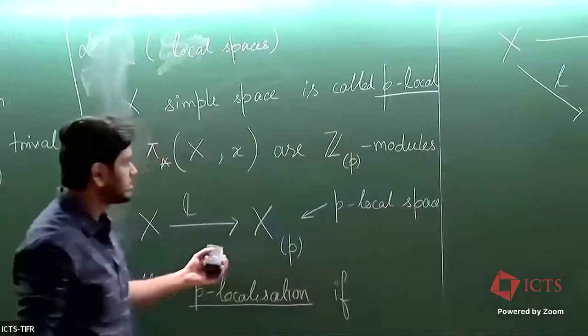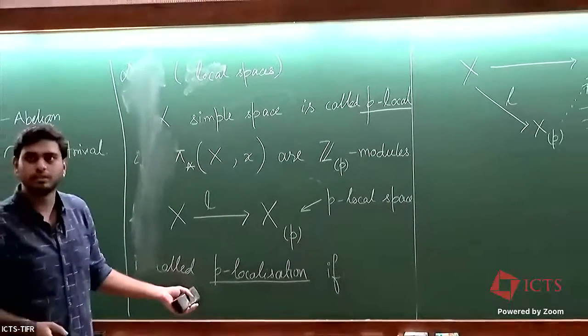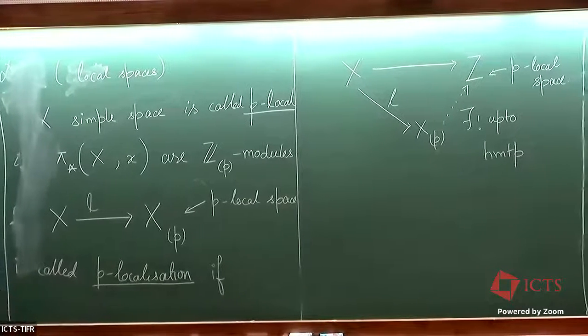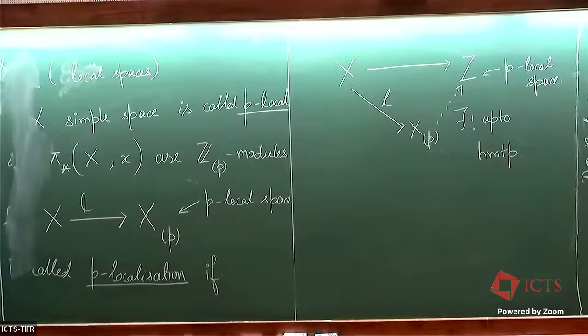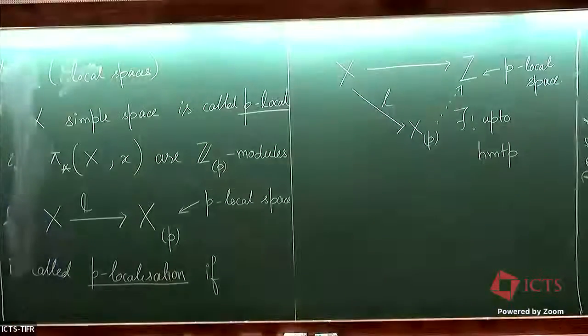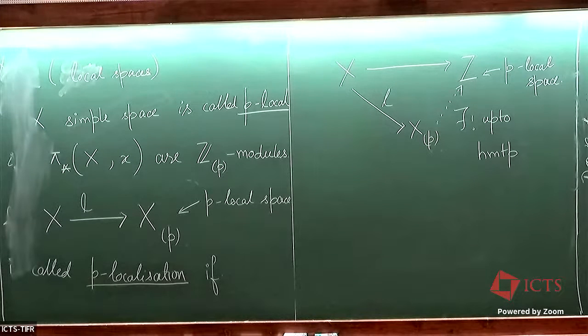This is my definition of P localization of a space. Even if I take the enumeration different, I take this map in homotopy groups to be the P localization at the homotopy group level, right?